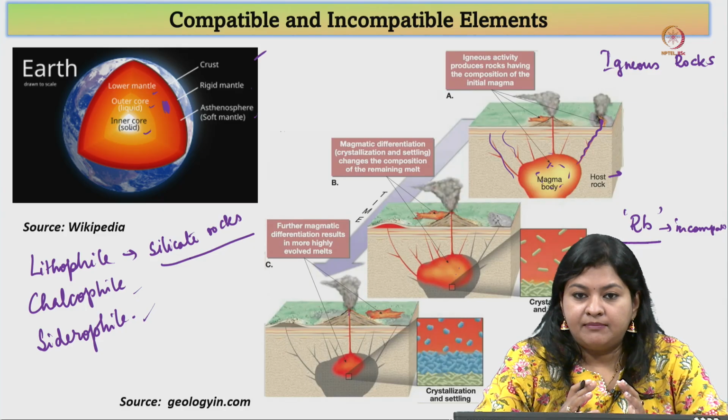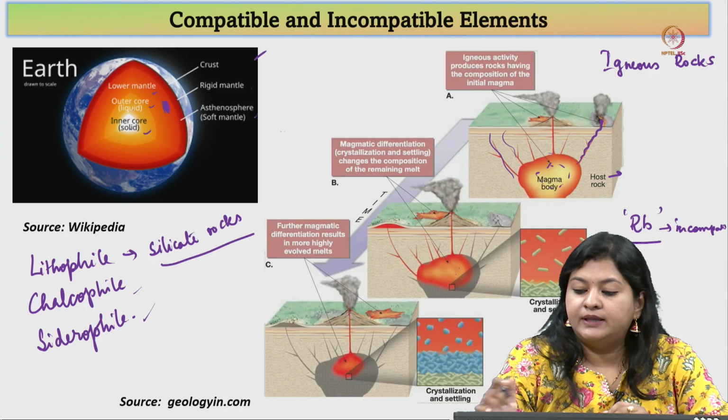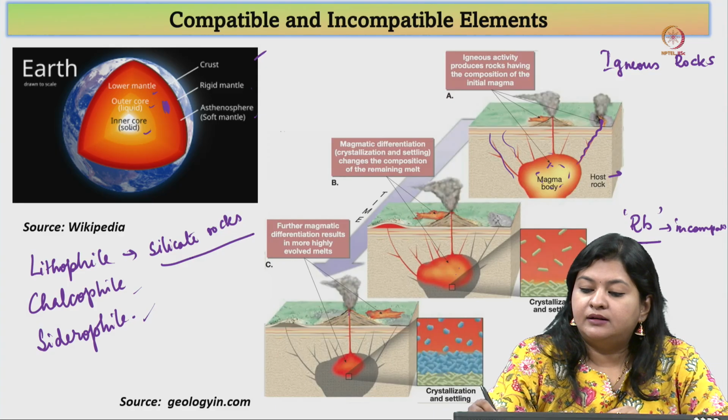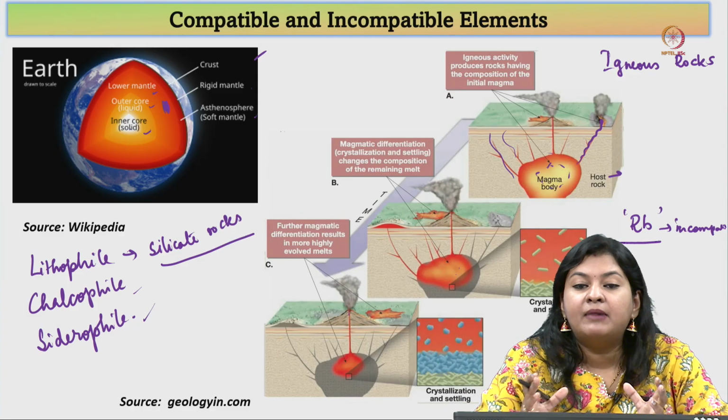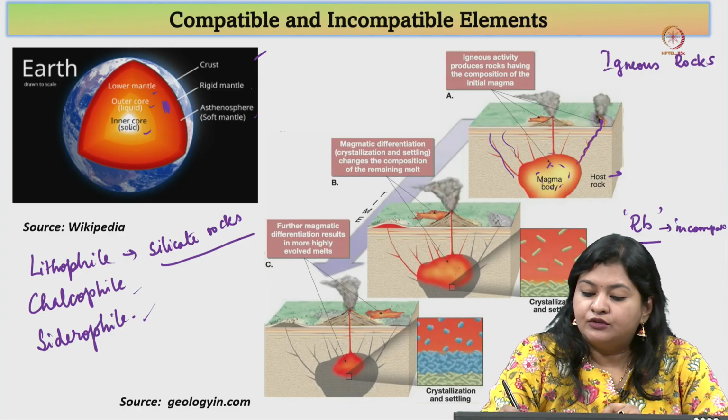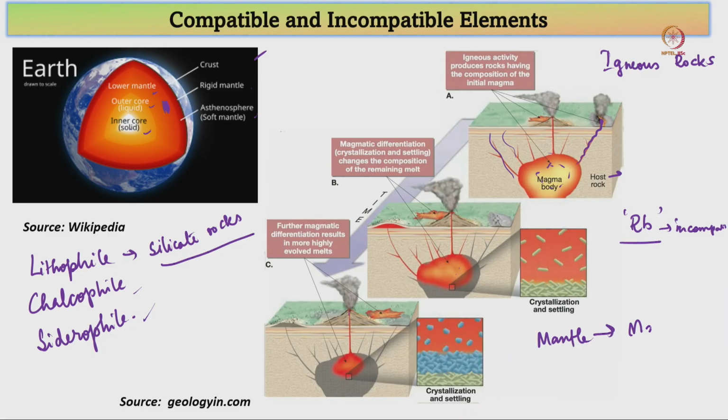That is because when mantle is getting melted and this magma is getting formed, from the mantle I am going to form my magma. This rubidium will prefer to be in that magma and get inside the magma chamber.